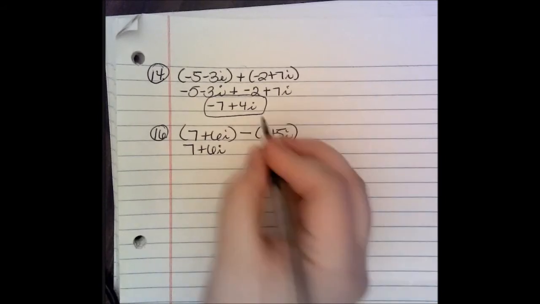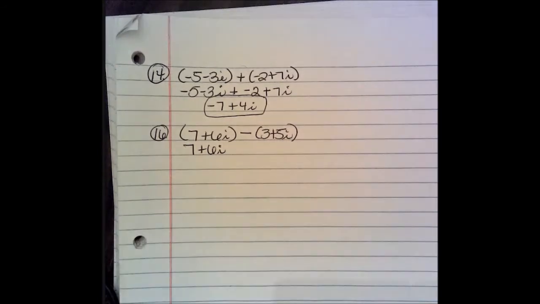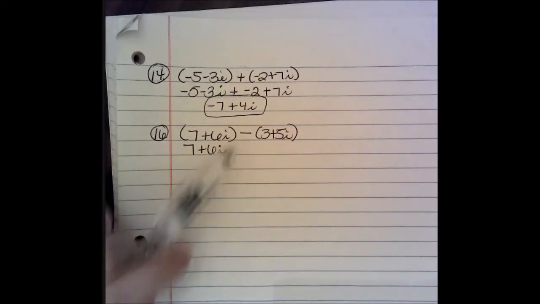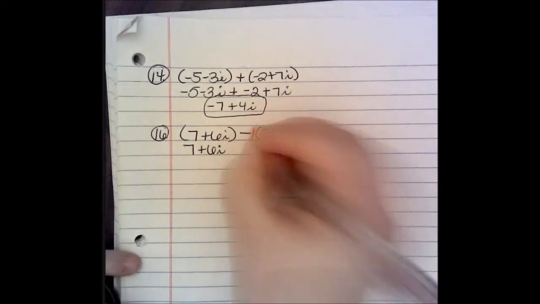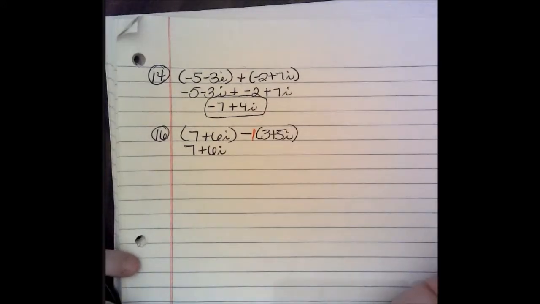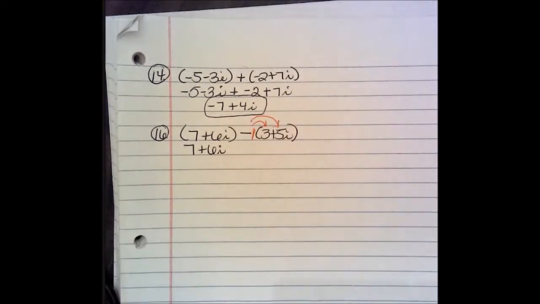Then we ask, can I combine these two terms? The answer is no. But is there anything multiplying out in front? The answer is yes. It's a -1. So that means that you will have to distribute that -1.